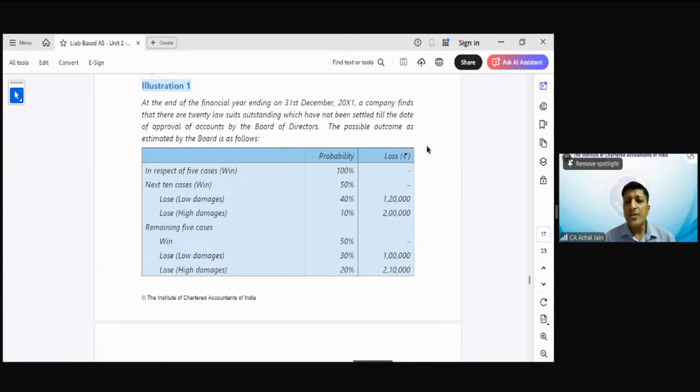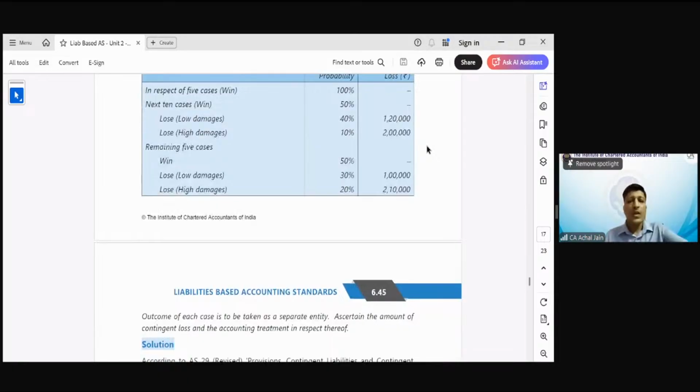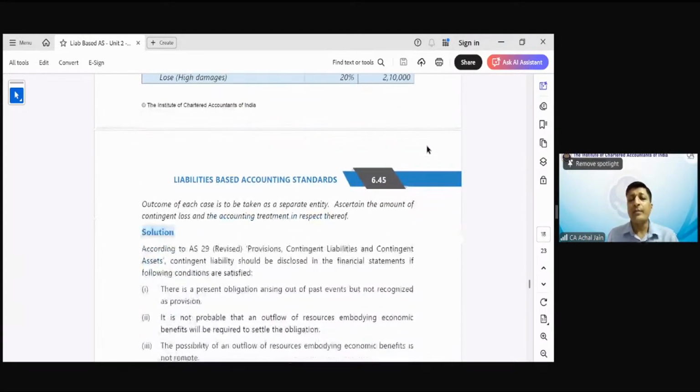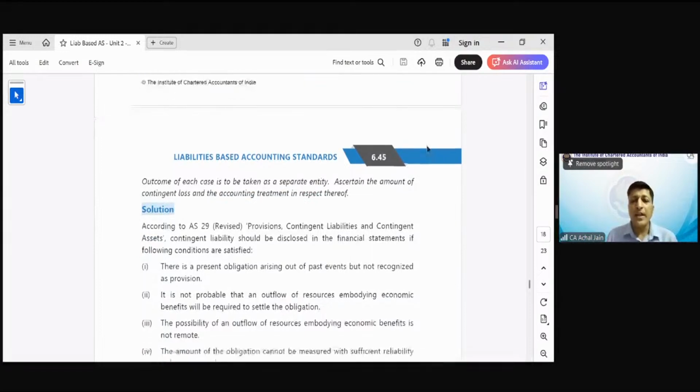There's a 20% chance of high damage, and the amount involved is also given to you. Then, moving further, the outcome of each case is to be taken as a separate entity. Ascertain the amount of contingent loss and the accounting treatment. So let's try to understand this.